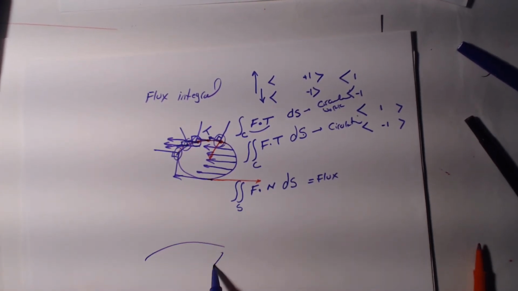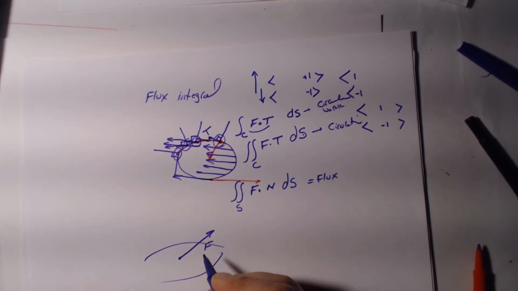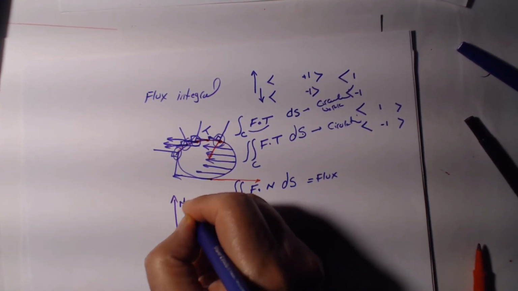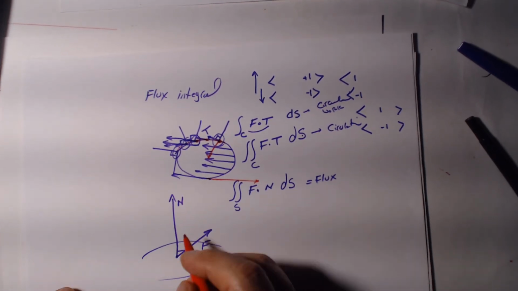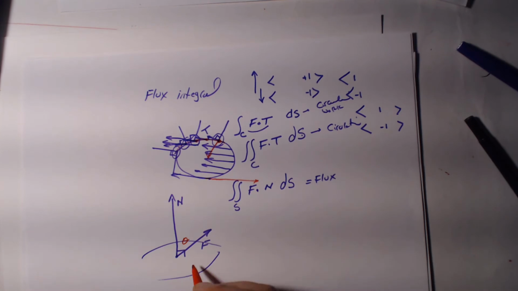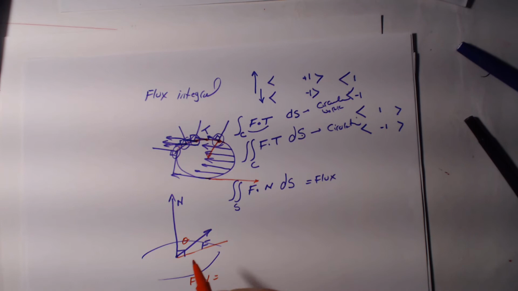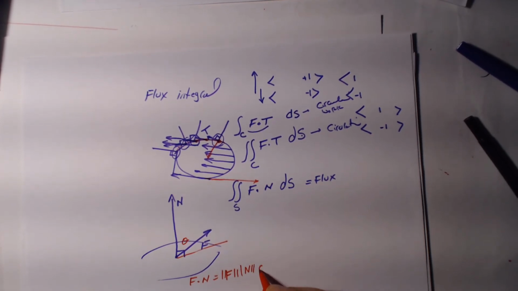Therefore, in here you have to say a few things. If you have a surface and a vector field, and a unit normal vector to the surface, and this angle is theta, then F dotted with n is, considering one of them as the x-axis and the other as the y-axis, nothing except the magnitude of F, magnitude of n, cosine of theta.